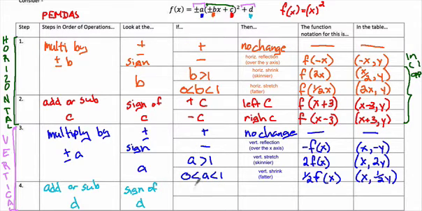And if we are adding d, then we're going up, because remember we're talking about vertical, d number of spaces. And if we're subtracting d, we're going to go down d number of spaces. And I think we're actually pretty familiar with that, so I'm going to skip over the Desmos version of that, because we've already kind of looked at that when we were looking at the 12 basic functions.